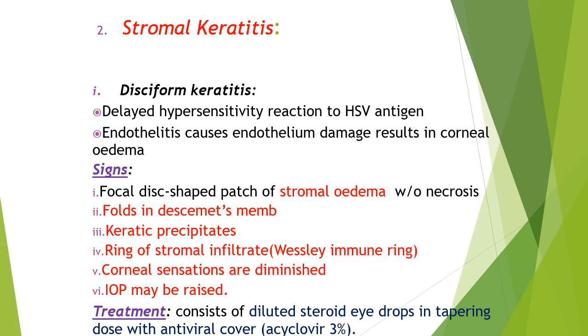When stromal keratitis is there, it is most of the time because of the HSV antigen, or sometimes only endothelitis, which leads to the disc shape, that is round circular disc edema, and you can see some folds in the Descemet membrane and keratic precipitates. Corneal sensation is reduced.